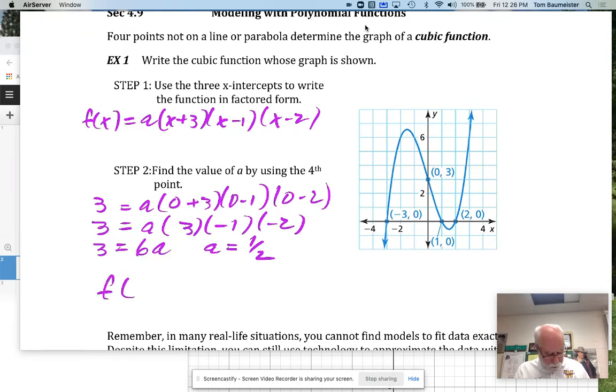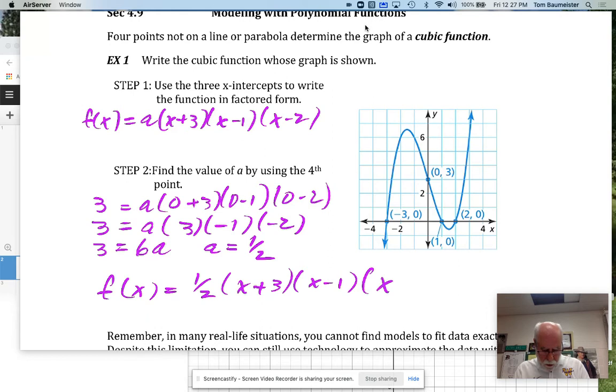So our function here is f of x is equal to 1/2 times x plus 3, x minus 1, and x minus 2.